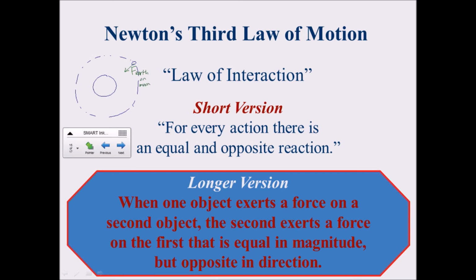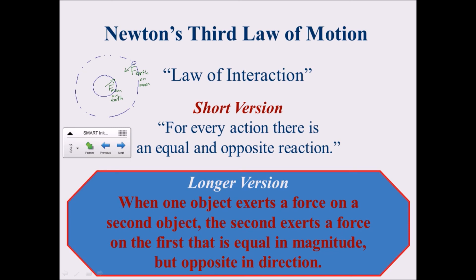What Newton's third law says is that if the Earth pulls on the Moon with a certain size force, then the Moon must pull back on the Earth with exactly the same size force, but in the opposite direction. This would be true no matter what the two objects were.